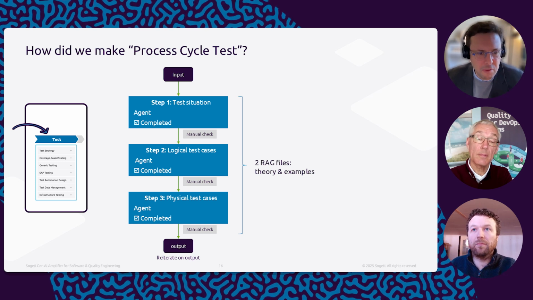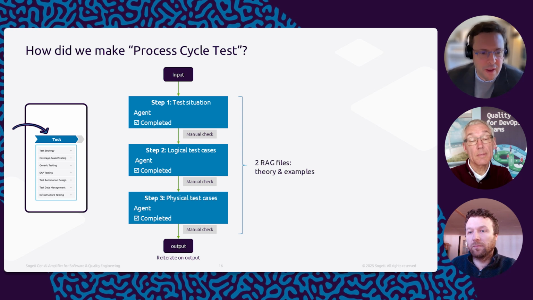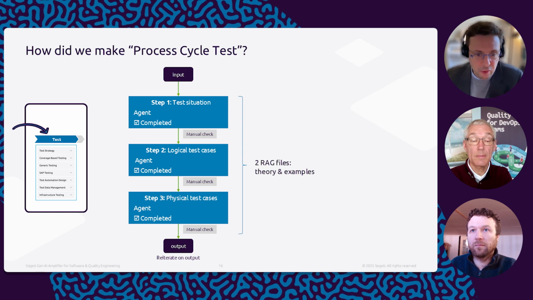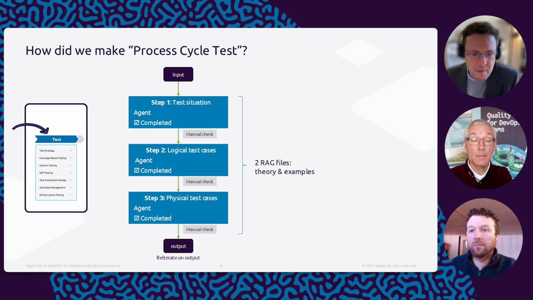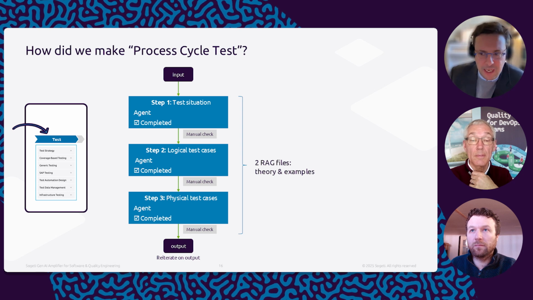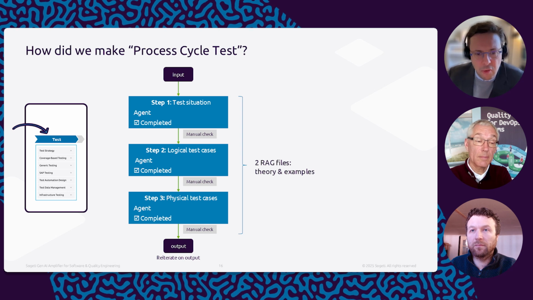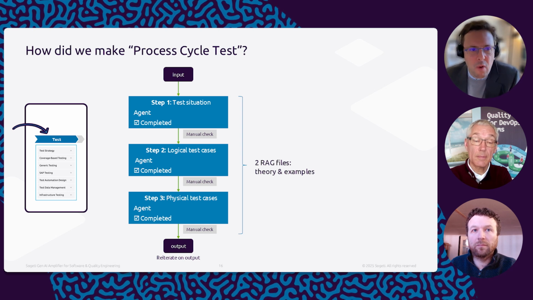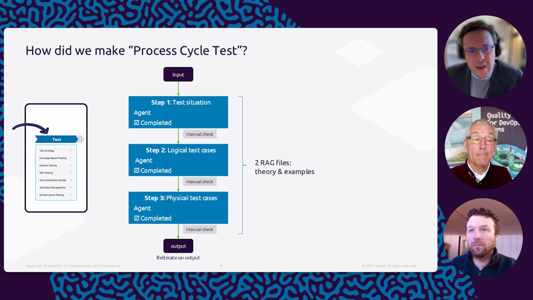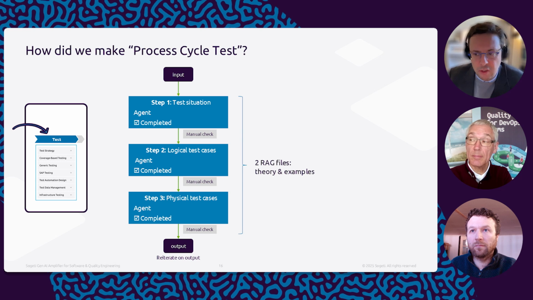And the output of step 1 serves as input of step 2, but again, corrected or verified by the tester. And on top of it, we have 2 hidden RAG files in the knowledge system. One talks about the theory of process cycle test, and another one is really showing concrete examples so the model really truly understands what it is that we are sharing and meaning by process cycle test, more than relying on its own pre-training, which is, again, for users, a bit of a black box.